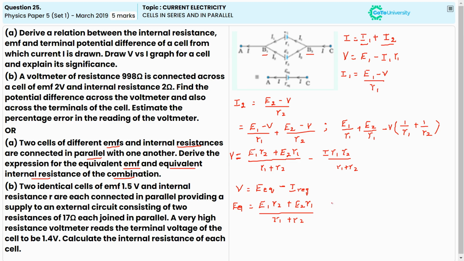And finally, the equivalent resistance is equal to R1 R2 divided by R1 plus R2.